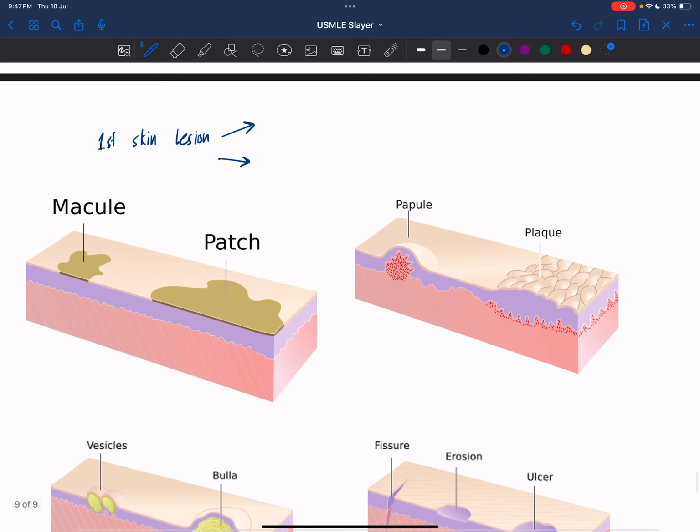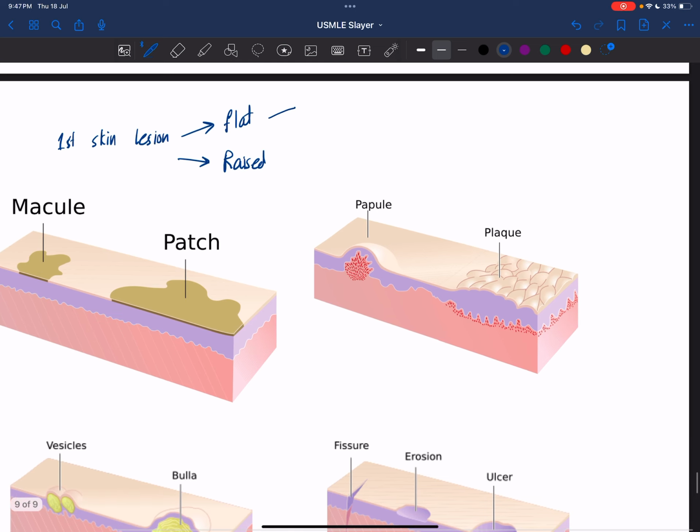We have flat, and we have raised, okay? And from here, we're going to keep going. So flat. The number that is determined is 1 centimeter. We have less than 1 centimeter, which will be a macule, and more than 1 centimeter, which will be a patch.